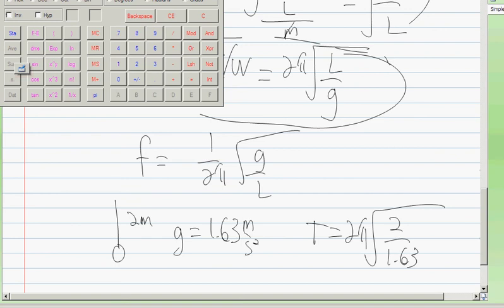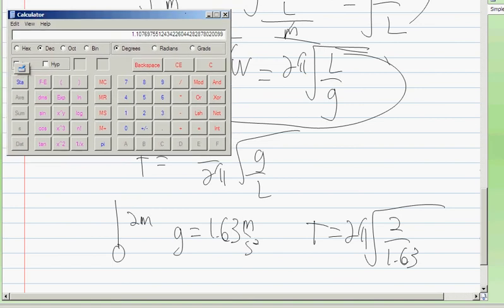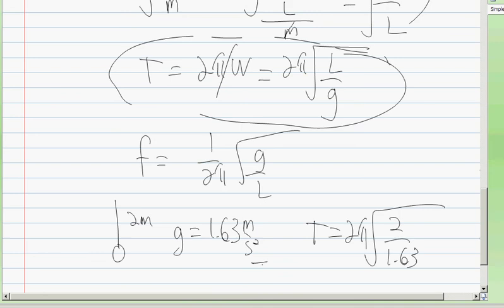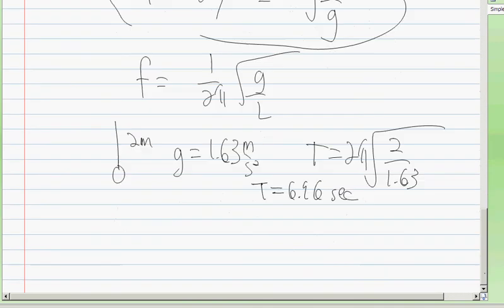Take the square root, which on this calculator is just inverse x squared. Oh, I just realized this isn't quite in your frame of view. Sorry. Okay, and then I take that times 2 pi, 6.28, and I get that the period is going to be 6.96 seconds. Cool. All right, and that's going to work.